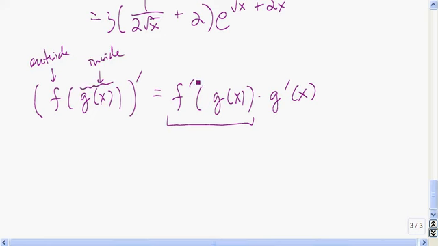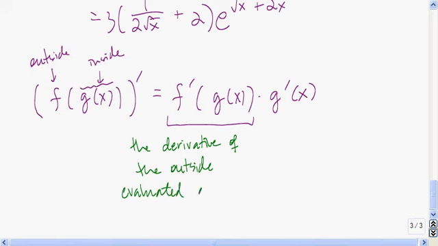So f prime of g means the derivative of the outside evaluated at the inside, times g prime of x, so that's the derivative of the inside.